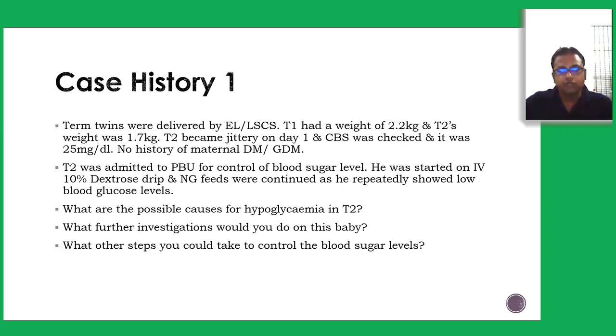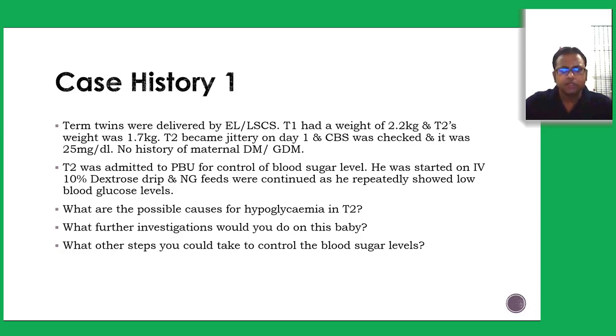So we are usually, in the neonatal units and in the wards, using a capillary blood sugar monitor, a glucometer. To check blood sugar levels in neonates, there are specific neonatal glucometers. I don't think we have those in Sri Lanka at the moment.